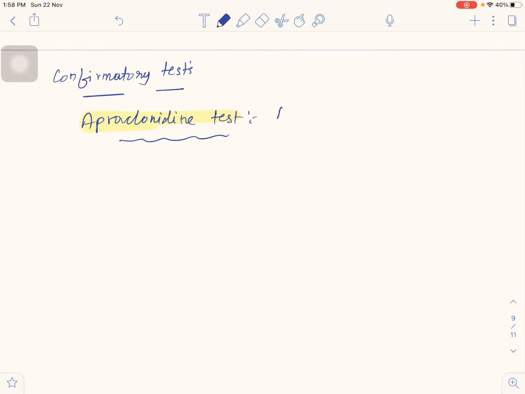In this apraclonidine test, the affected pupil dilates and the normal pupil does not. We have to check for this. This is one confirmatory test for Horner syndrome.